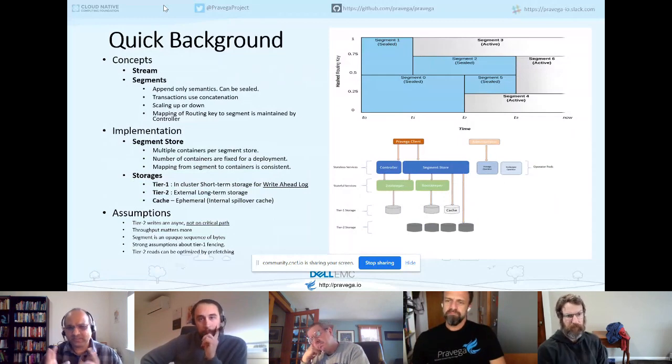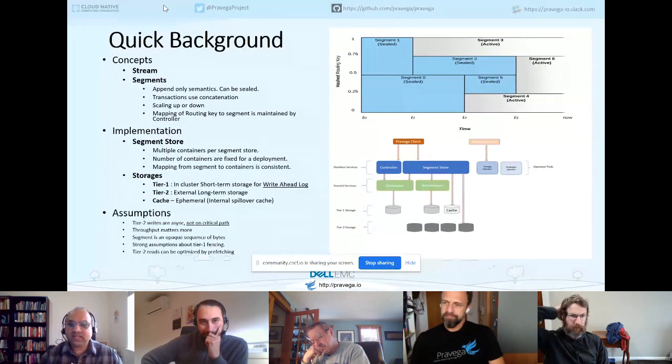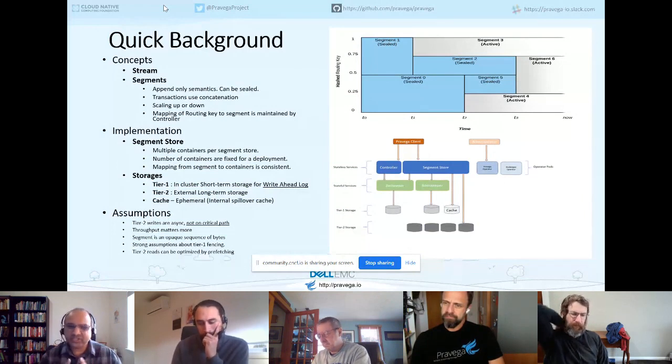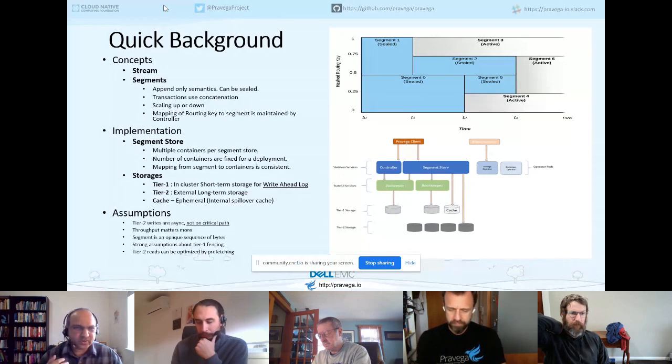Segment store. I think the diagram is a little smaller than what I expected, but below there is a very high level, 20,000 feet diagram of how the general architecture looks. The Pravega client talks with the controller and segment store, which are both stateless services. They depend on stateful services, which are Zookeeper for configuration information, Bookkeeper for write-ahead log, and perhaps Cache for the local storage.